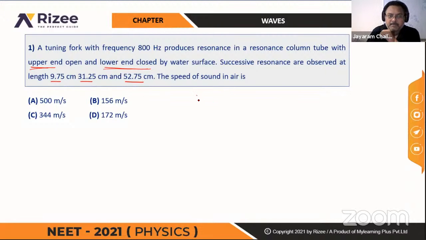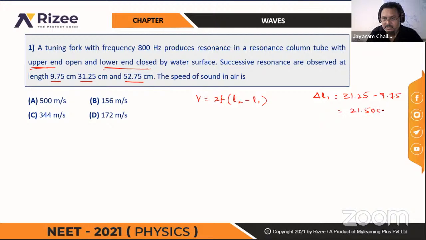It's a resonance column apparatus. For the resonance column apparatus, the velocity of the sound does not depend upon the initial length or final length. It depends upon the difference between the lengths, delta L. So what is delta L1 for the first case? It is 31.25 minus 9.75, which comes out to be 21.50 centimeters.